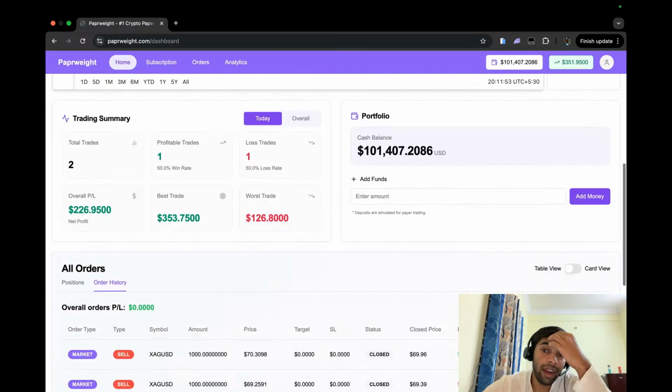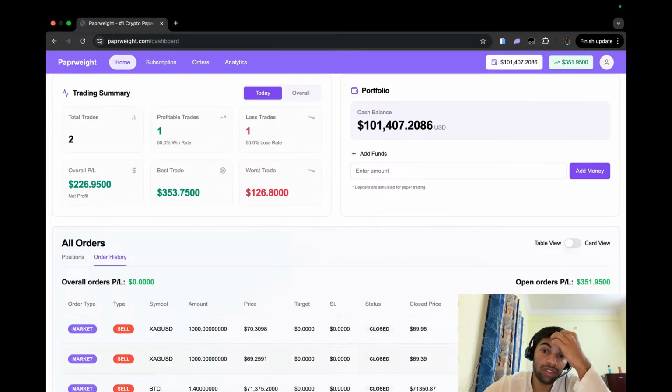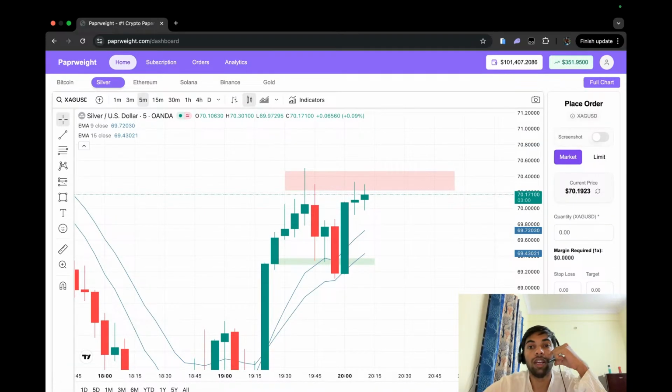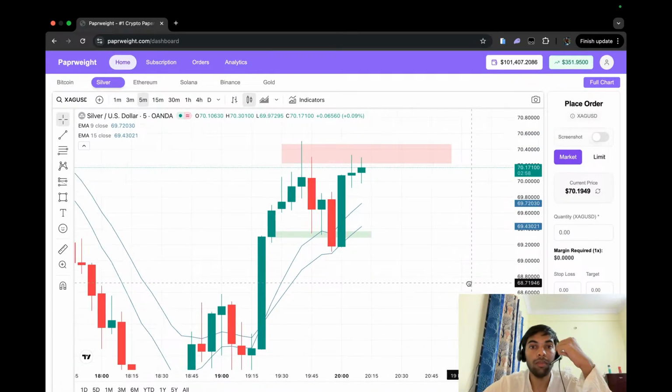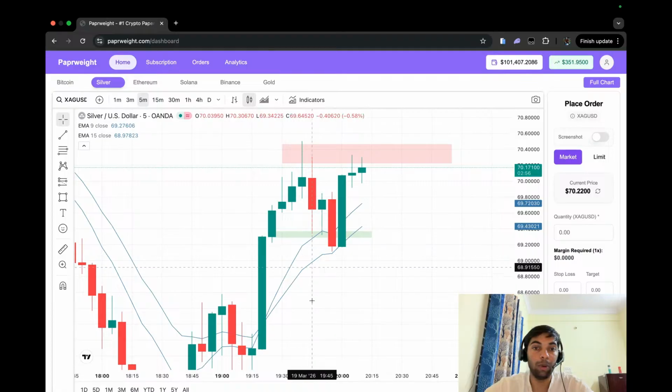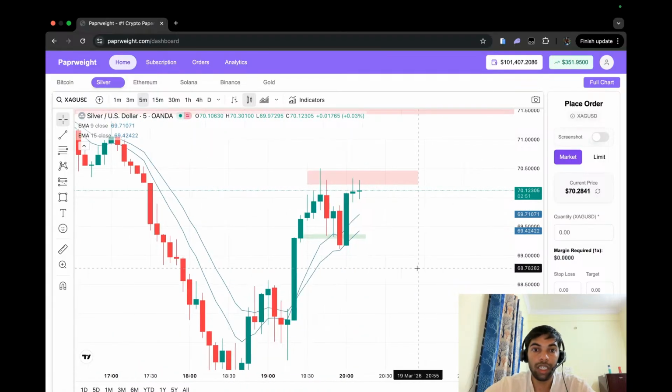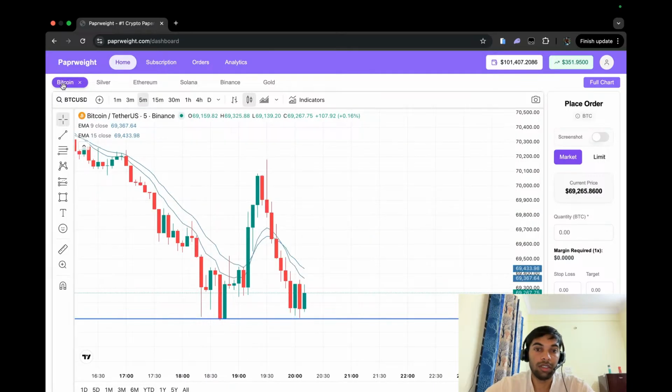That's why in a fraction of a second we lost $126. That's the same reason, I think. So what we can do is find small opportunities and trade small, because today silver is extremely volatile, guys.